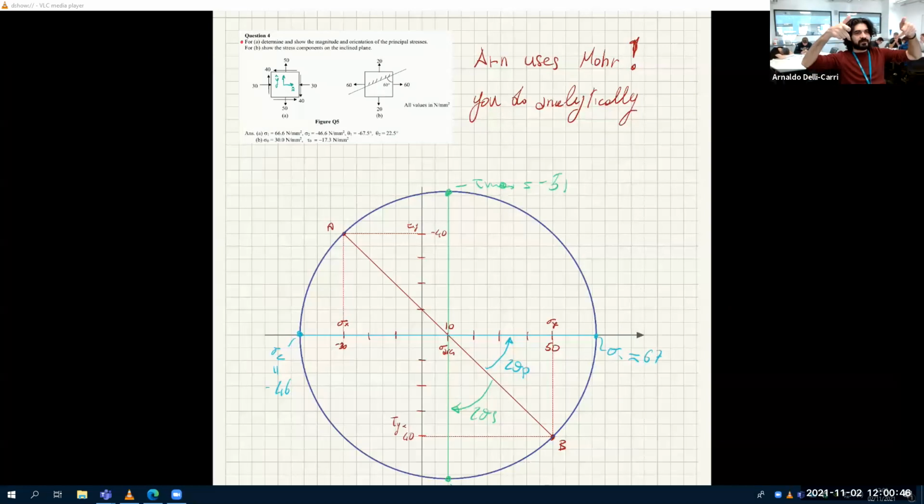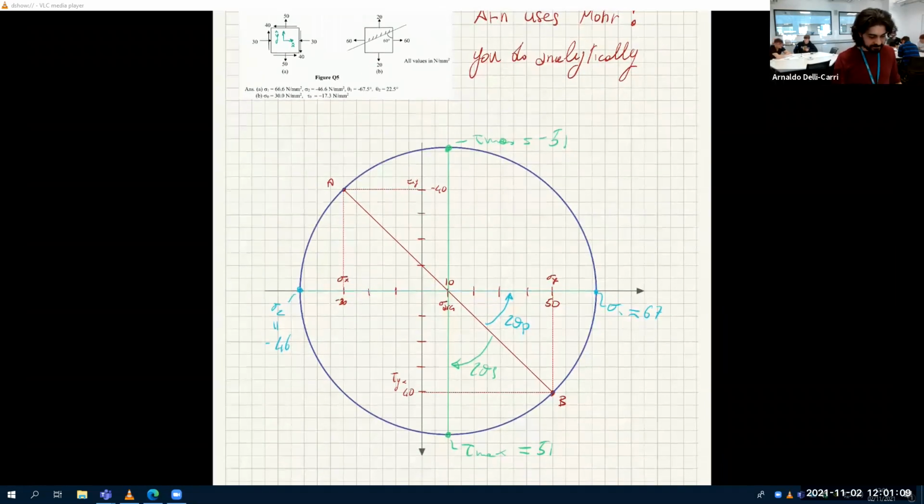Okay, yeah. I mean, it's a mistake, but it doesn't matter in this case in terms of numbers. If you see his graphic, the tau is upward, right? In your graphic, tau is downwards. I mean, the direction of tau. But they are the same, right? When we draw the circle, they're the same.